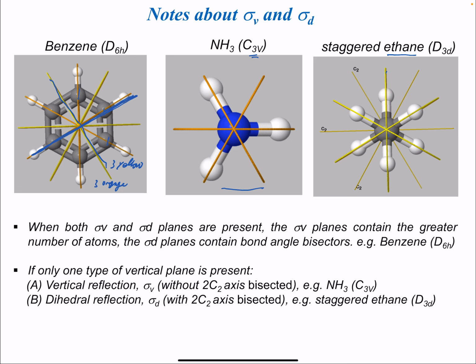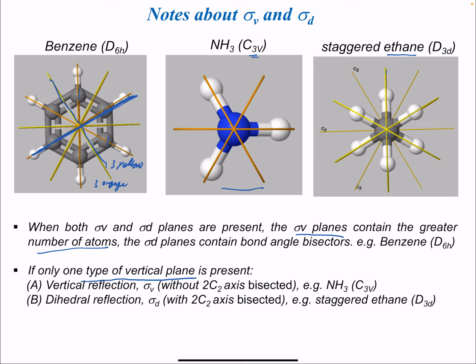They are sigma v. In this case we don't have sigma d. So here are 2 criteria you can use to tell the difference between sigma v and sigma d.